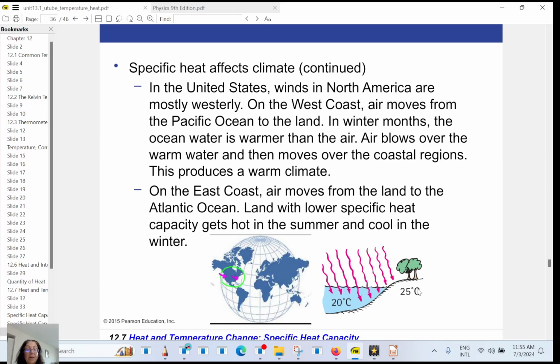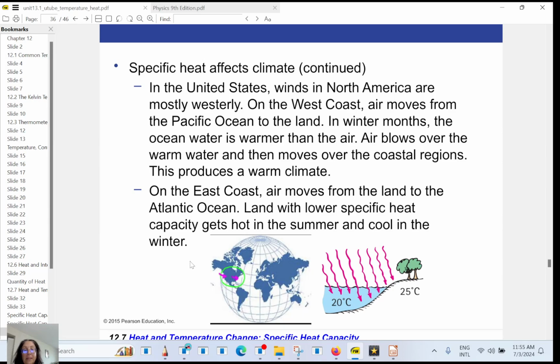So if it's very hot during the summer, the water will still be cool and it takes a long time to warm. And if it's very cool in the winter, it takes a lot of time for the water to cool down. Whereas the ground and the dirt do not take as much time.